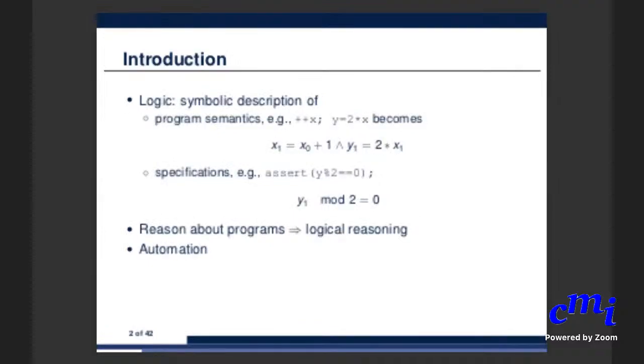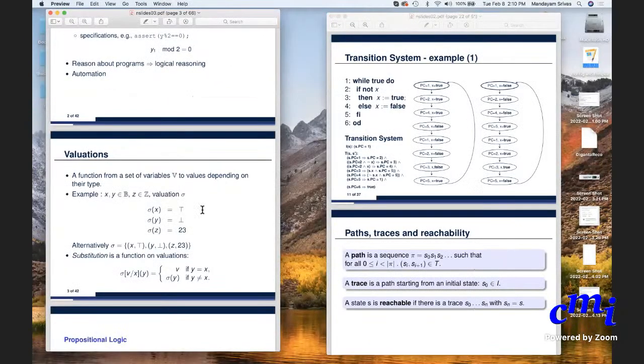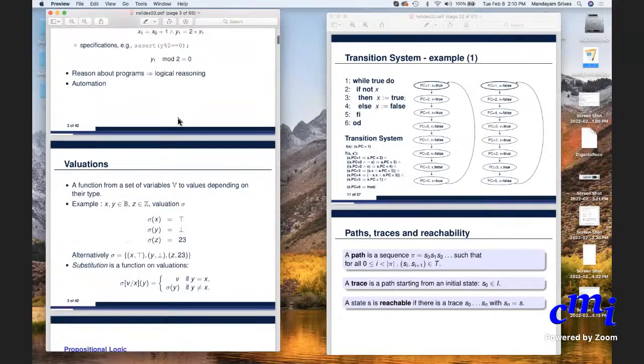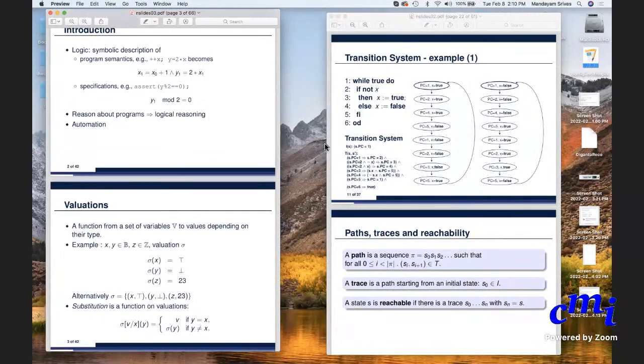Another thing, just to re-emphasize the same point: you've already seen that a transition system model is one of the ways we used to model the semantics of programs, and as you can see, the transition relation is represented in this case as a formula.